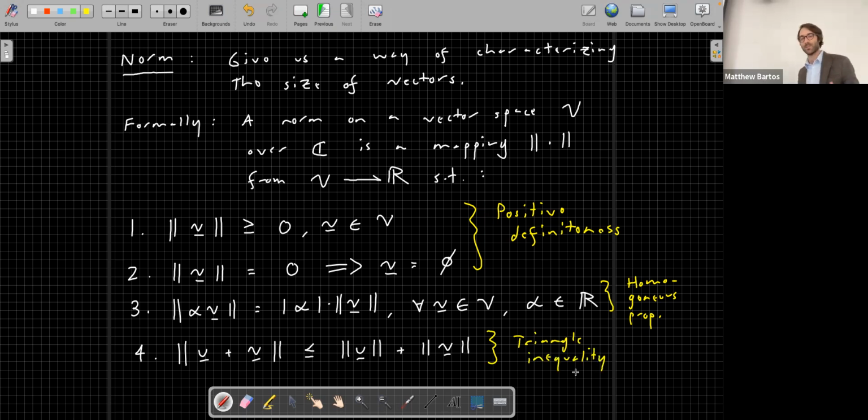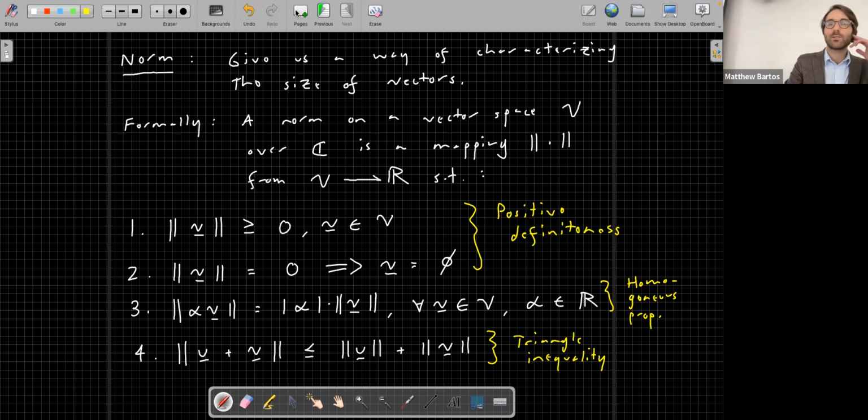And if you'll notice, it's equivalent to the statement, for the 2 norm for example, that the hypotenuse of a triangle has to be less than the sum of its side lengths. Great. So those are the 4 properties that are required for a norm.